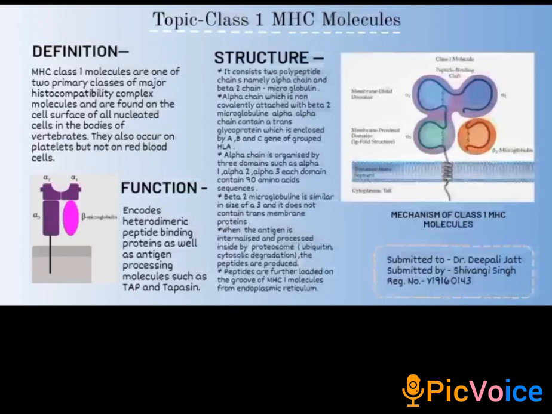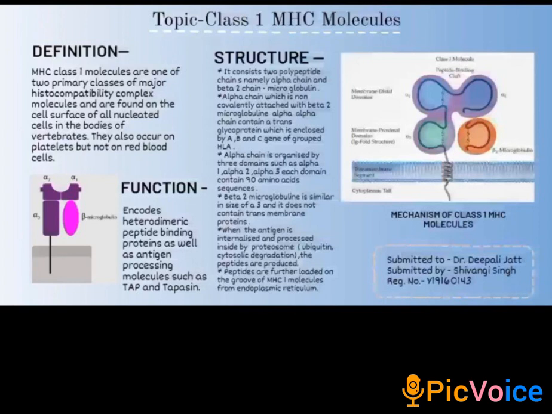This alpha 3 domain is invariant and contains the binding site for the T cell co-receptor CD8. Alpha 1 and alpha 2 domains form the antigen binding pocket, large enough to bind a peptide of 8 to 10 amino acids.